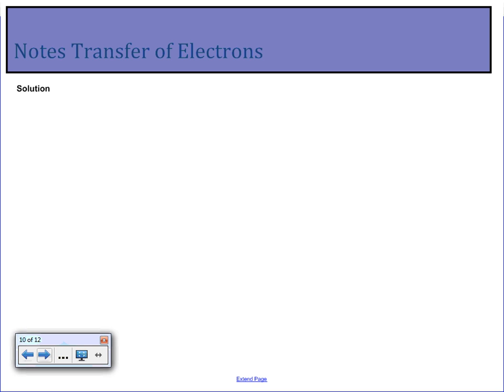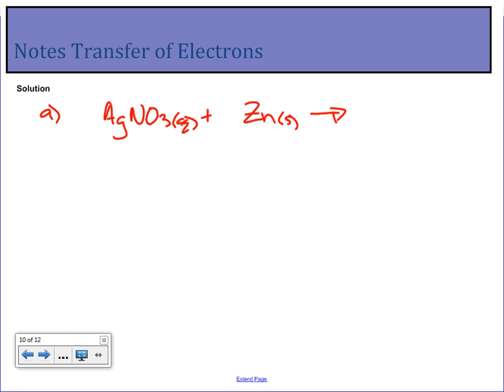So first thing we have to write a balanced equation. So it says here that silver nitrate, AgNO3, this is aqueous because it's a solution, will be added to solid zinc. Will be converted to zinc nitrate solution, Zn(NO3)2.